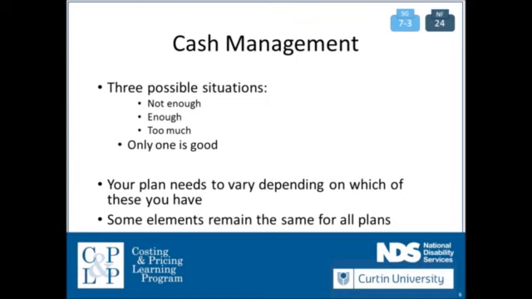Your plan of course needs to vary depending on which of these you have, but the key first question you must ask is: over your 18-month to 3-year planning period for your financial plan, have you sufficient cash at all points that ultimately you will continue to be sustainable? Or is your forecasting suggesting that your cash reserves are being chewed up because you're not efficient enough or you're not able to close that target price gap effectively enough to stop cash going out the door?